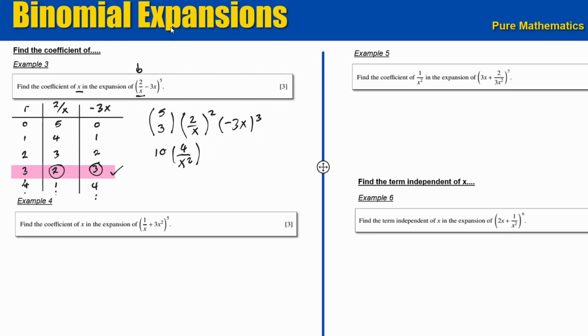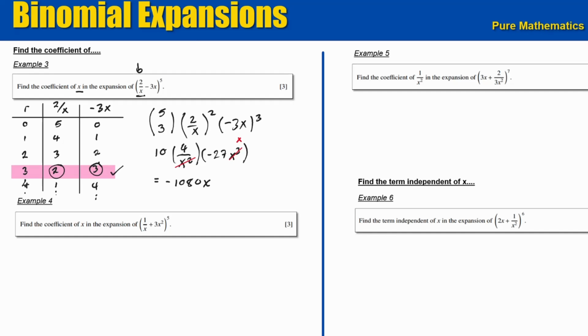And here we got negative 3 cubed, which is negative 27 x cubed. And 10 times 4 times negative 27 gives us negative 1080. And here I want you to notice how when we divide x squared into x cubed, what we will get is x, right? So this is 1080 of x.